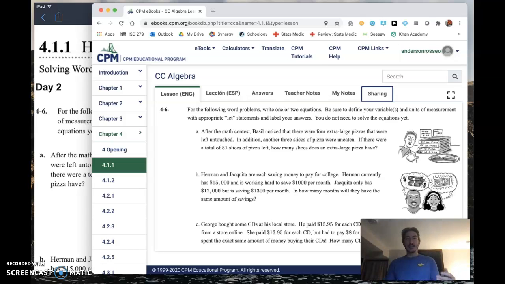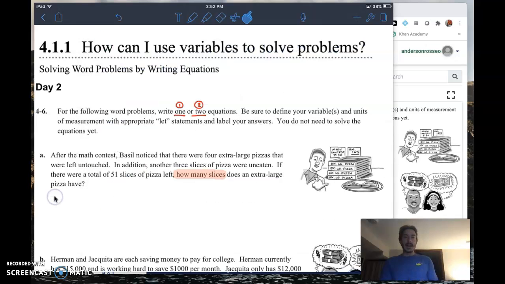And as I mentioned, this is a second day of section 4.1.1. So we'll start with exactly what you see here, problem 4-6, and we've got three situations, all of which give us different information that we can probably approach a little bit differently. Our goal is to analyze and break down whether or not we can write these situations into one or two mathematical equations.